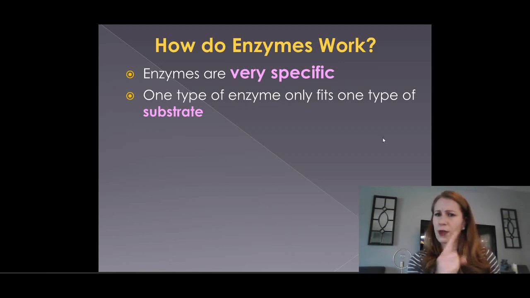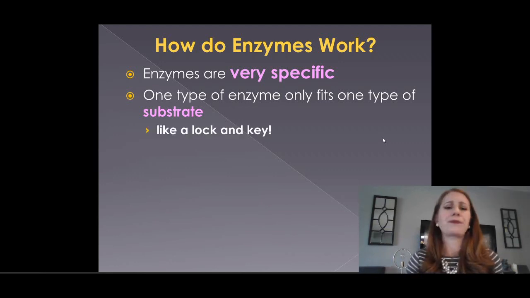If you don't have a lock, we have other questions. But you have a lock. You should only have one type of key that opens your front door, whether it's a code or a physical key. But it should just be one of these things. You shouldn't have about 20 different keys that all open the same lock. That would not be very secure. So an enzyme works 1-to-1, one lock to one key, one enzyme to one substrate.